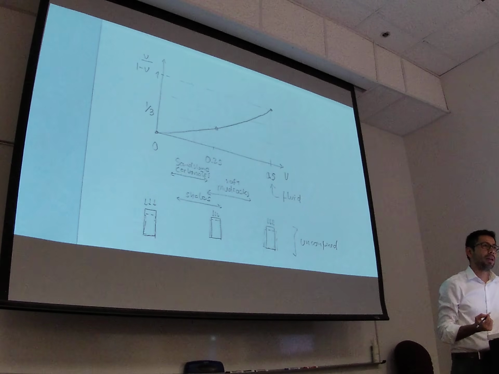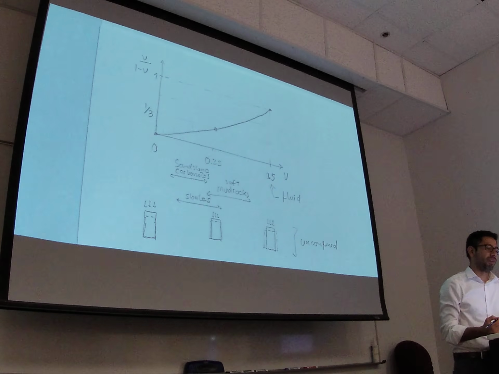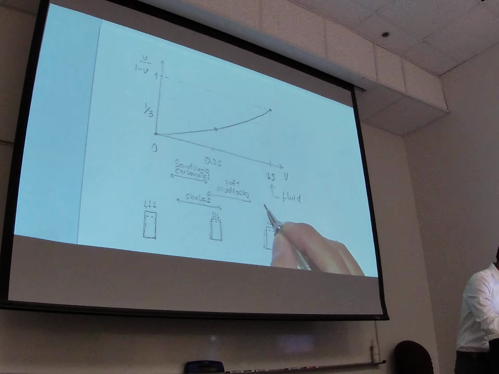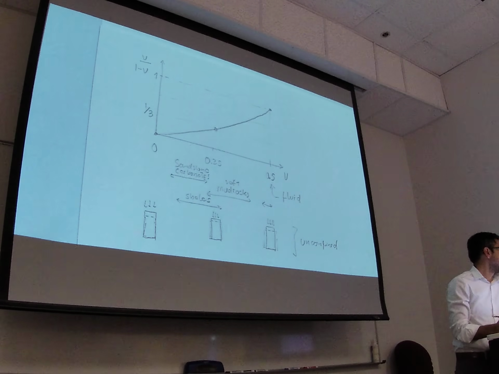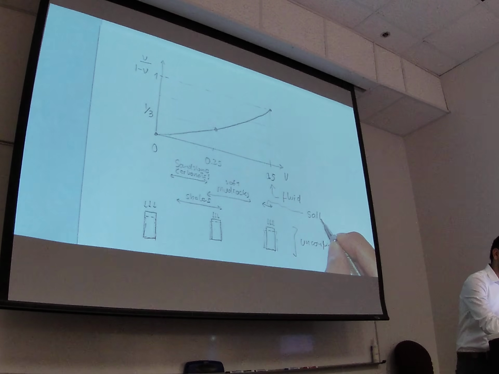Do you know any case of a rock that has a Poisson ratio close to 0.5? There is one, and this is going to be the case of salt rocks.